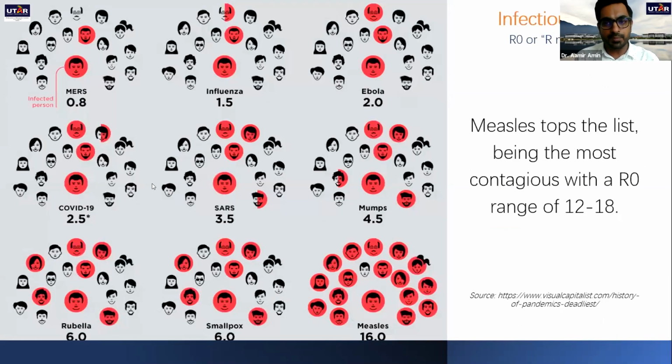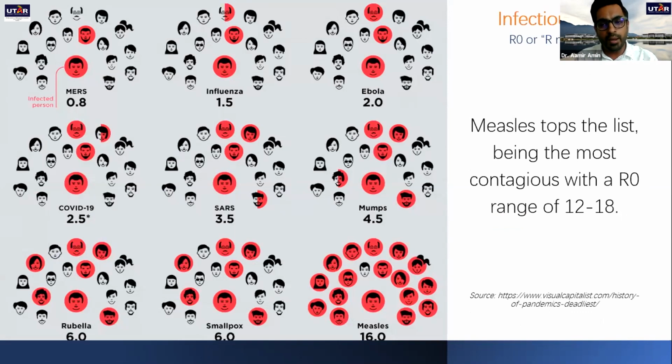Another important aspect is the infectiousness of the disease. Scientists calculate this based on the R naught value, and based on that, we can know how many people one person can infect.